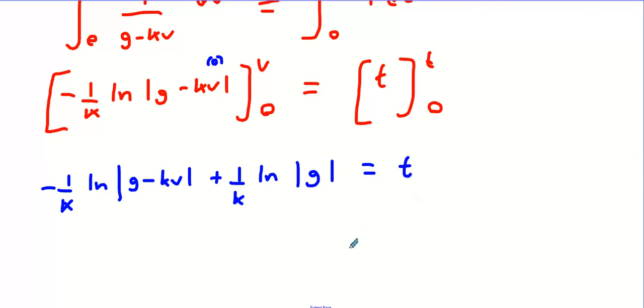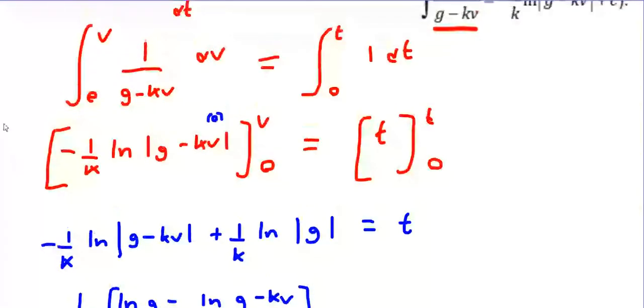Now I'm probably going to factorize out some bits here. It's going to be 1 over k ln g minus ln g minus kv.